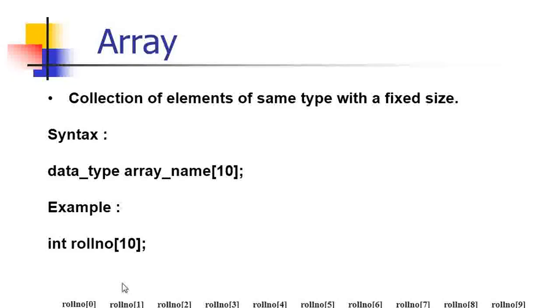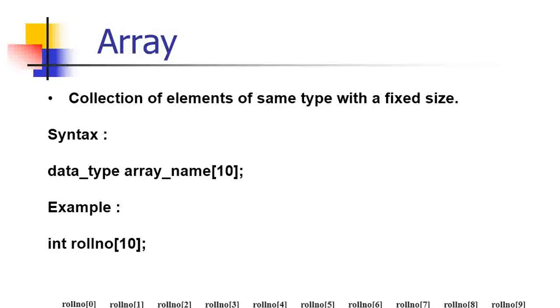So I was saying, if integer is the data type of an array which has the size 10, and the size of an integer is 4 bytes, the total size of the array will be the number of elements into the size of one element.